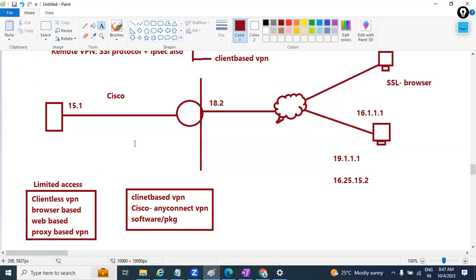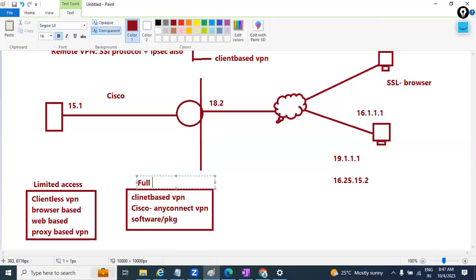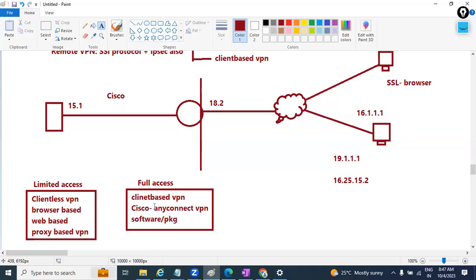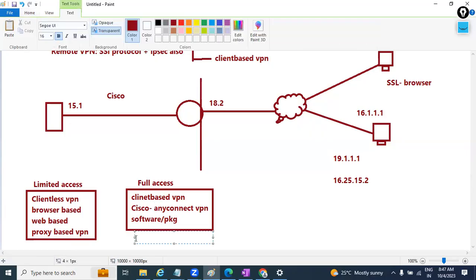So if you want full access of the server, instead of the limited access, you need this kind of VPN, which is known as client-based VPN. So this is the reason this VPN is also known as full access based VPN.